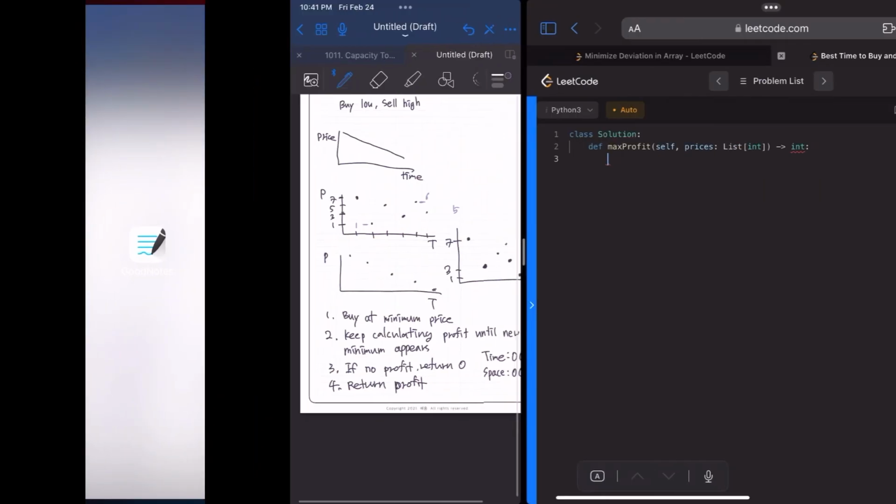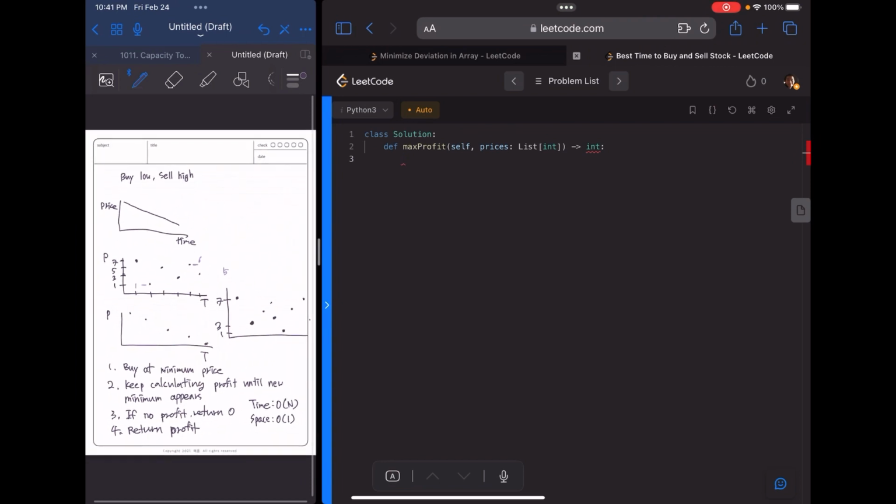Okay, so let's code this. What we said, we are basically gonna get max profit, which is initialized to 0, and this is what we return. Okay, so for each price in prices, I also should keep track of min price.